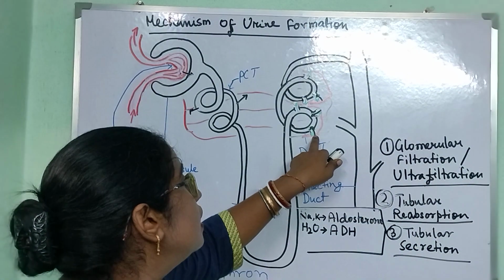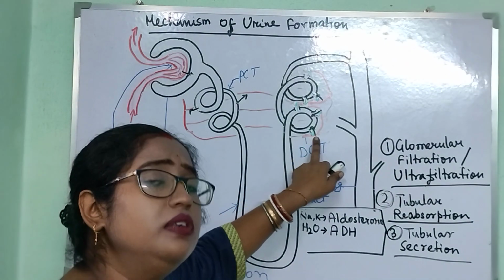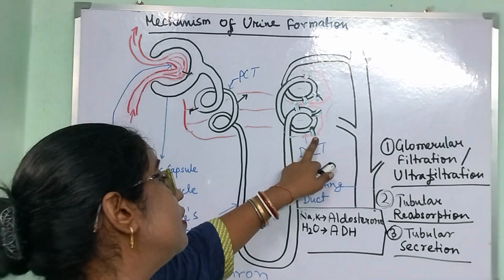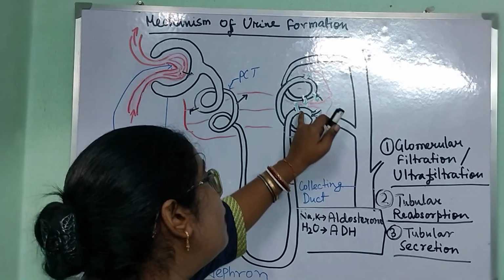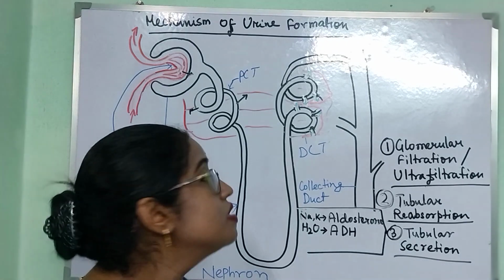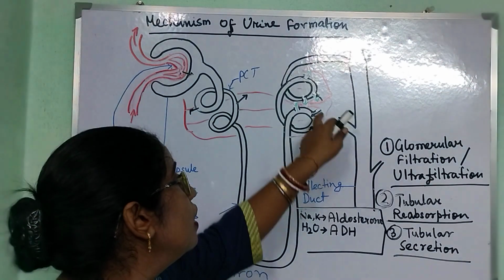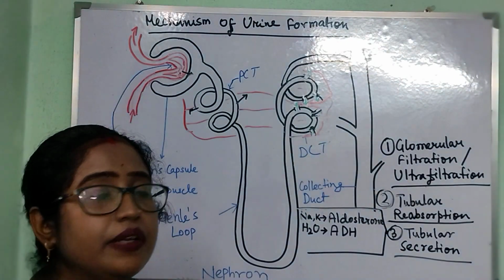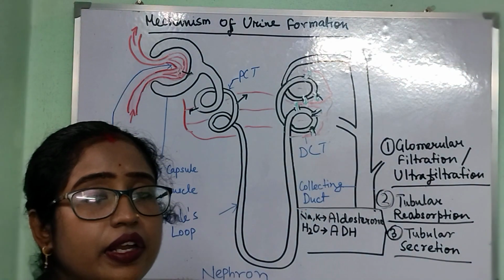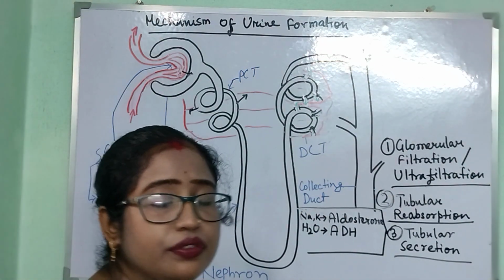Because the blood vessels that carry creatinine and other drugs pass into the DCT via the tubular cells present in the membrane of the DCT, and the tubular cells secrete this creatinine and other waste materials.